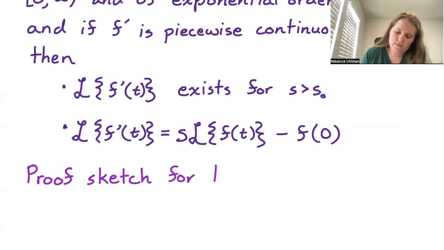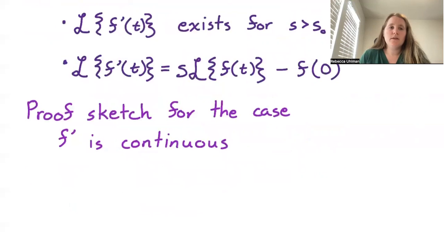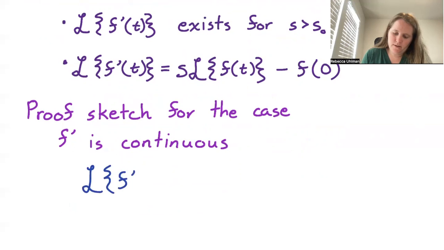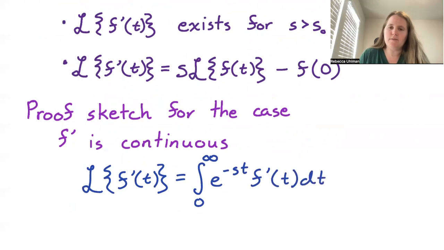For the case where f prime is continuous, as opposed to piecewise continuous, the Laplace transform of f prime of t is the improper integral from 0 to infinity of e to the negative st times f prime of t dt.